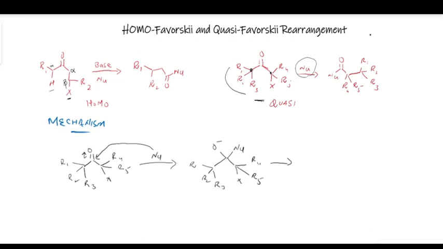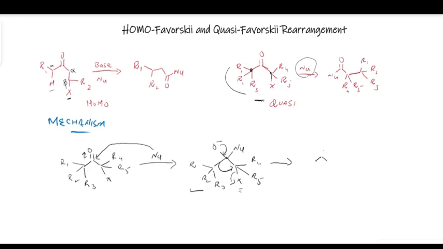This oxyanion will collapse back, and because we have this X group as a good leaving group, this whole group on the left hand side will be detached from this carbon here.